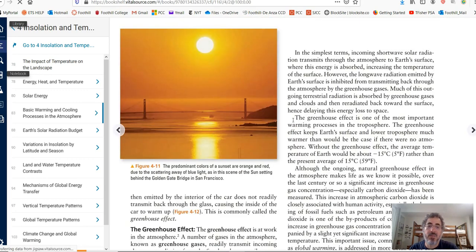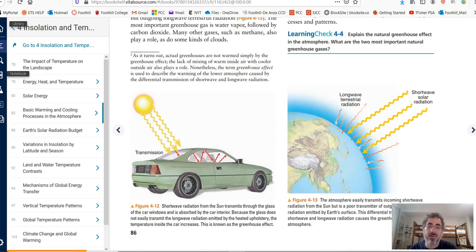Okay, so here we move on to the greenhouse effect. The greenhouse effect is natural. However, we are enhancing the greenhouse effect by adding special gases to the atmosphere. So these two figures are just showing you basically how it works.